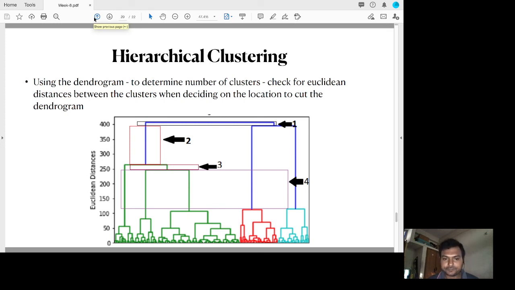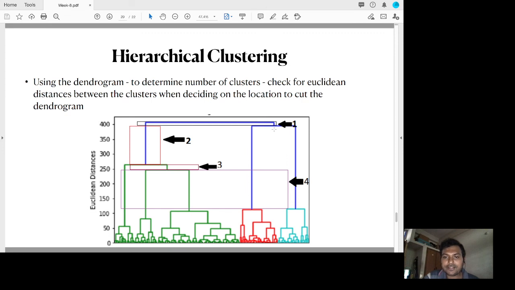But sir, according to the y-axis, the maximum distance is present at 1. No, the maximum distance is not present at 1. The way you should interpret this is, when you are cutting at 1, there will be two clusters, the left blue and the right blue.